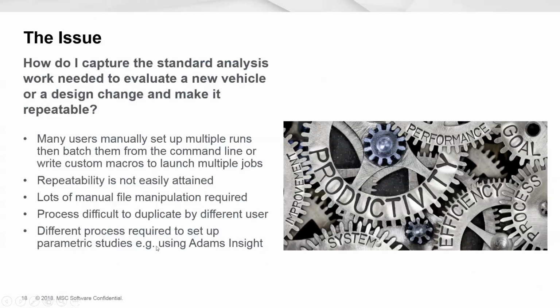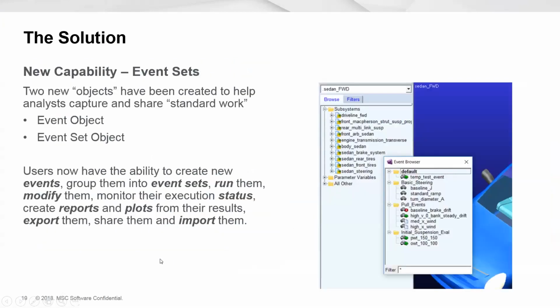So beyond that, if you are trying to run parametric studies using something like Adams Insight, that actually then requires a completely different type of approach. So looking at that problem, what we did was to create a new capability called event sets. The event set capability actually is supported by the creation of two new objects. Pardon me for getting into computer speak, but there is an event object and an event set object.